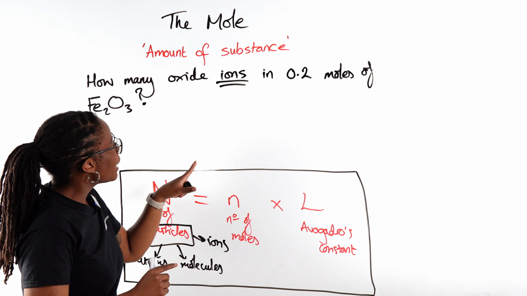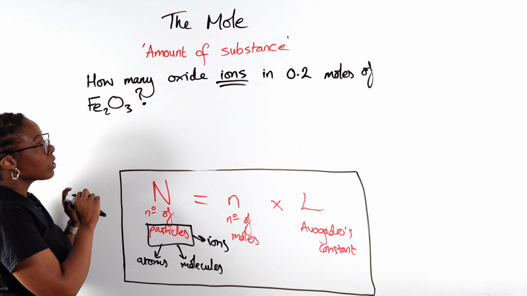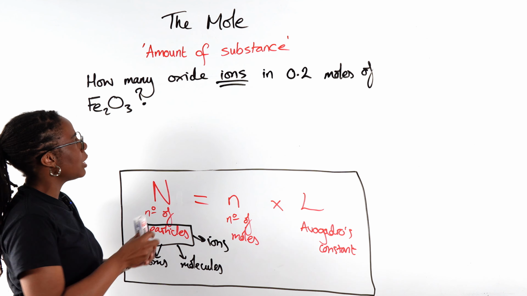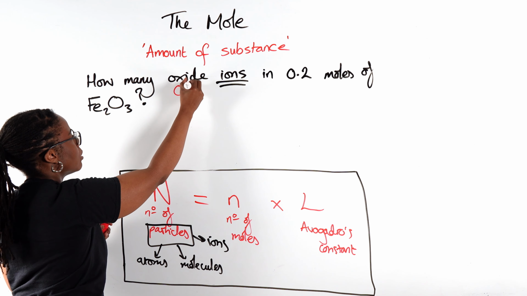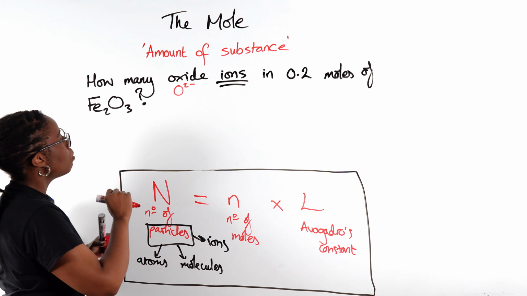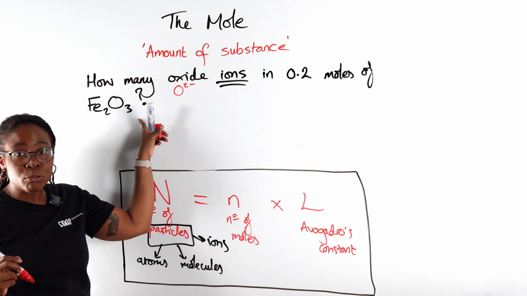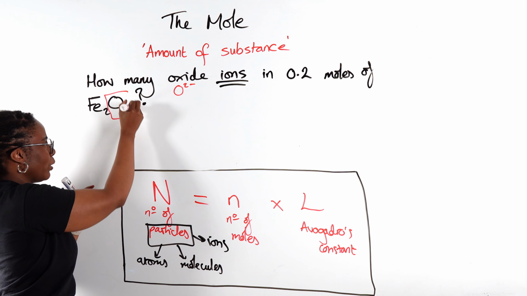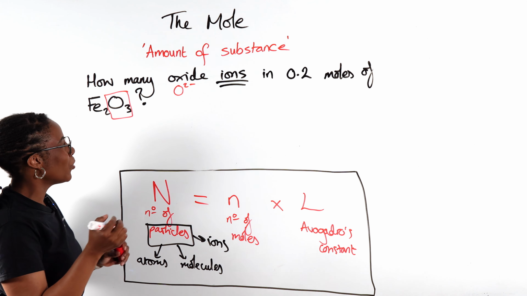So we have been given the number of moles of iron(III) oxide, but we've been asked for the oxide ions, which are the O2- ions, or essentially just the O's. So within 0.2 moles of this, we are going to have 3 times as many oxide ions because there are 3 oxide ions within that formula unit.